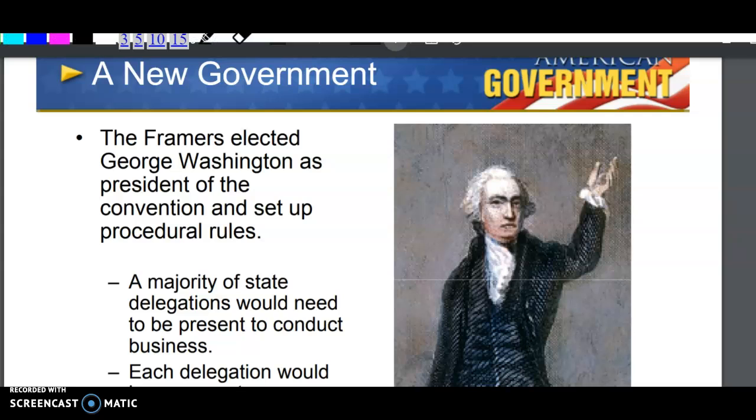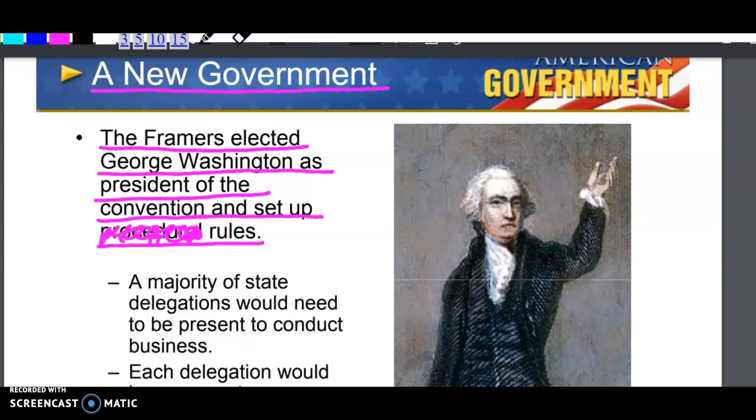So your next heading is a new government. The framers, so the people in attendance at the convention, elected George Washington as president of the convention, so not of the United States, but of this constitutional convention, and they also set up some rules.